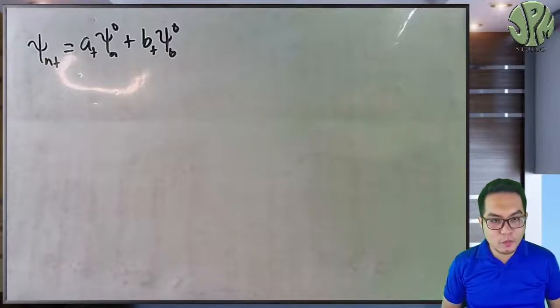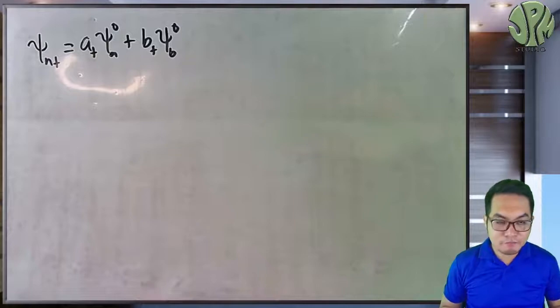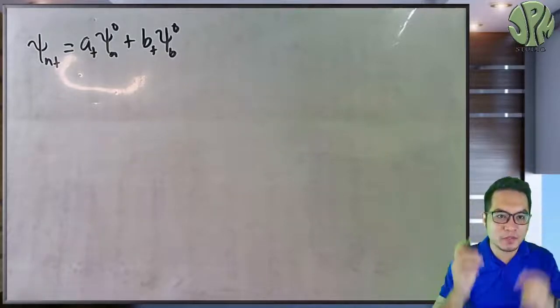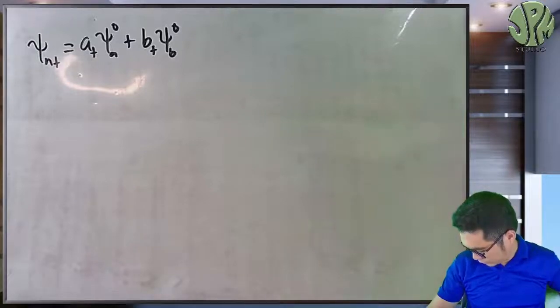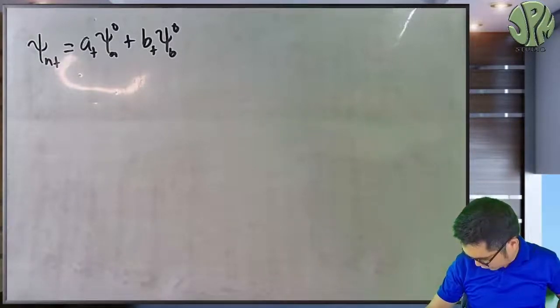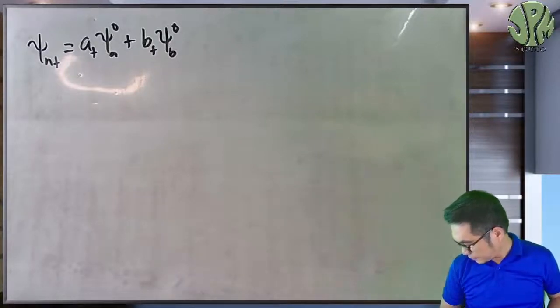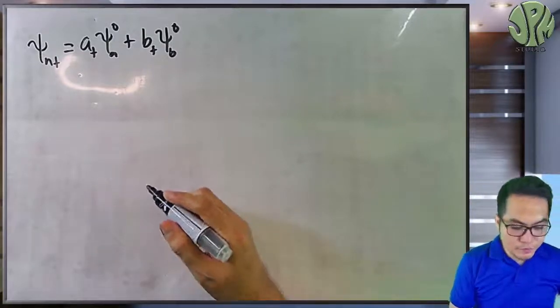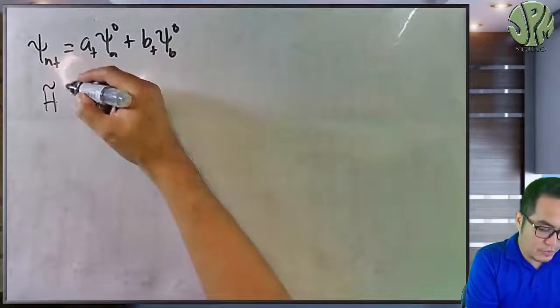We need to go back to our original eigenvalue equation. This is our eigenvalue equation.